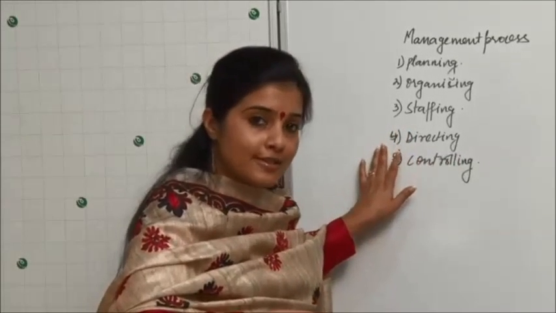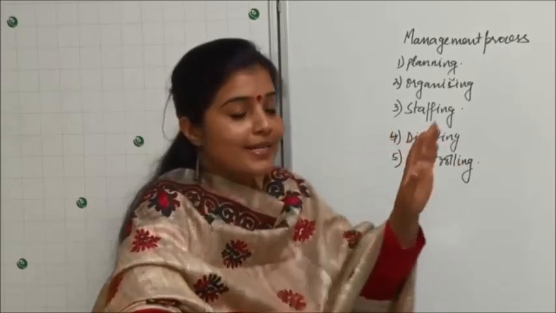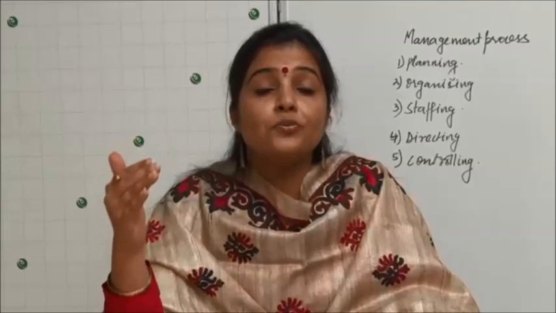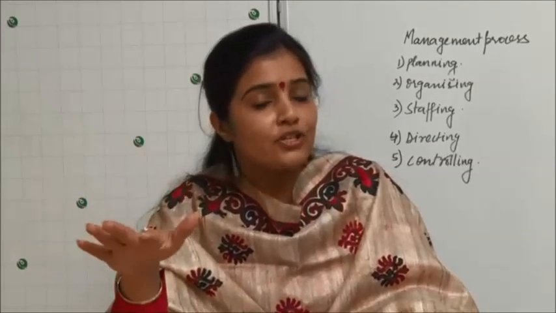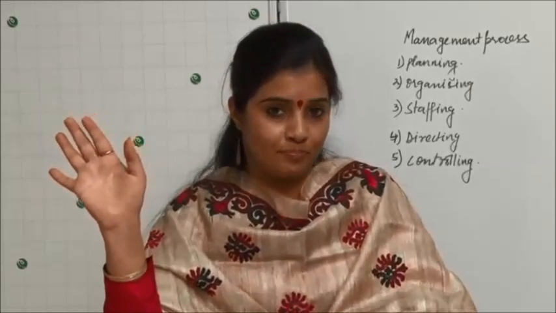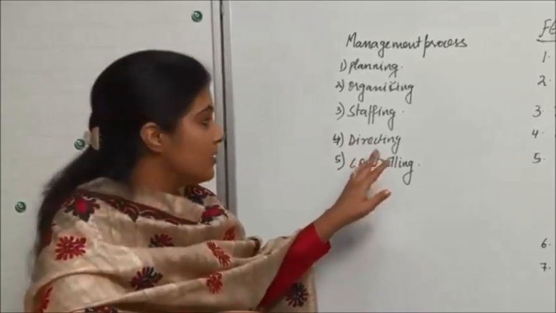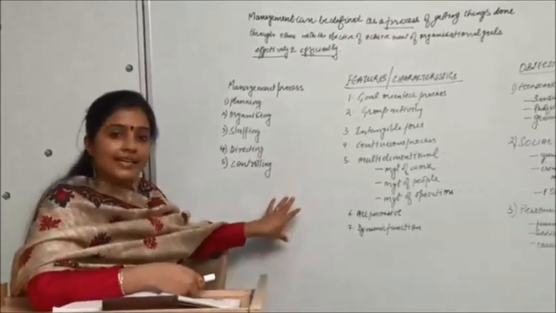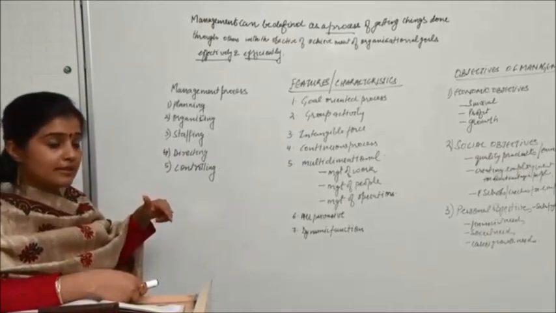Thereafter, the fourth step comes: directing. Right? Directing means giving directions, basically exactly knowing what you want your men to do, and making sure that they do it to the best of their abilities. Right? Now, what do I mean when I say that? I am very clear, we know that we have to give direction about who has to do what, how to do it, and make sure that they do it to the best of their abilities.